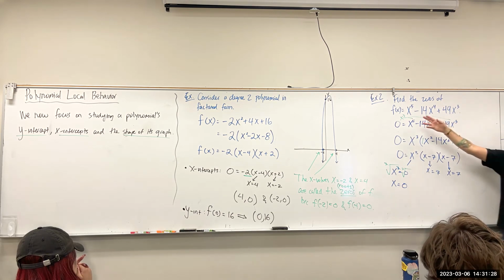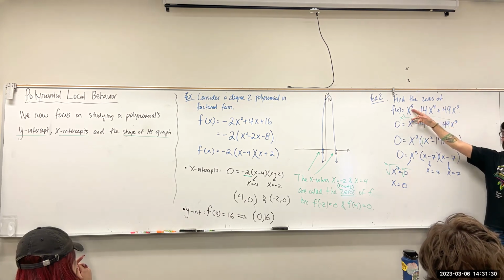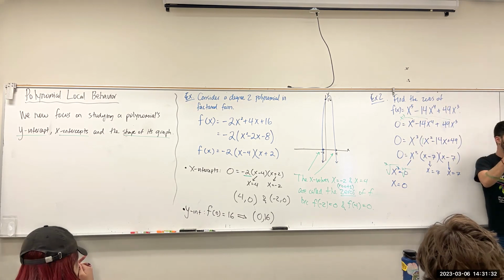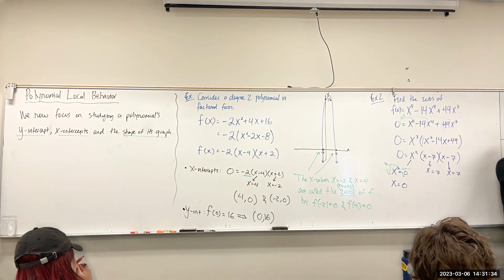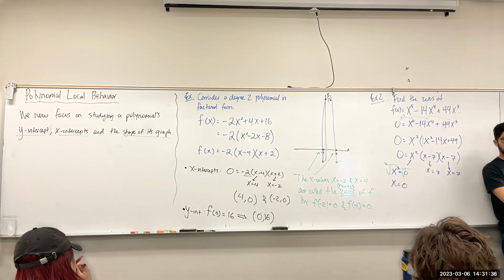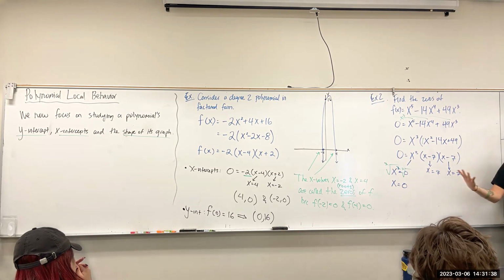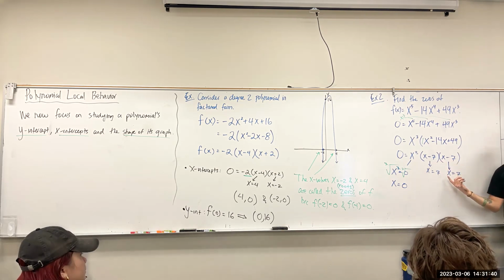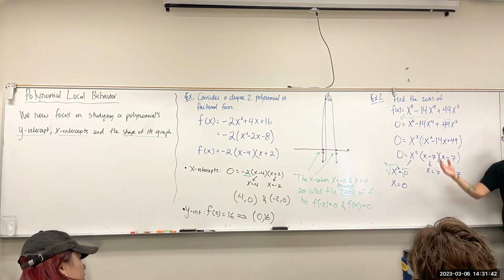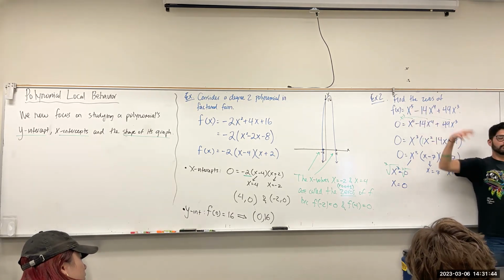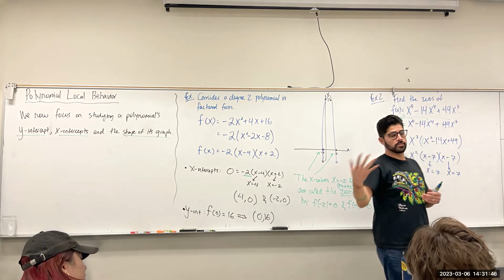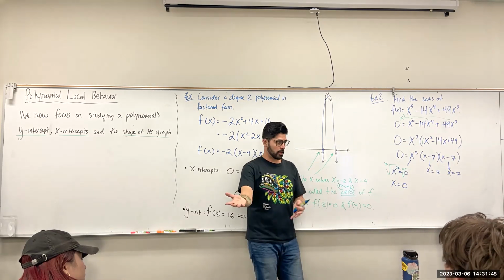So if the degree is 5, it can factor into at most 5 different things, so it'll have at most 5 zeros. But in this case, some of the zeros repeated. That's an observation.